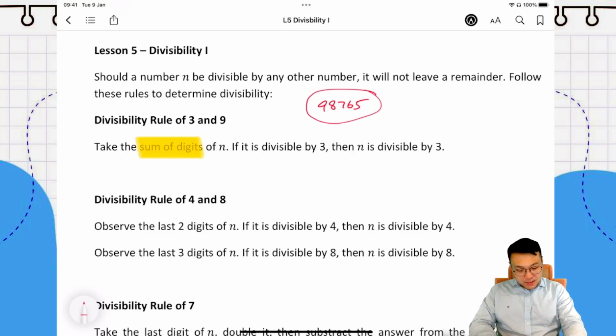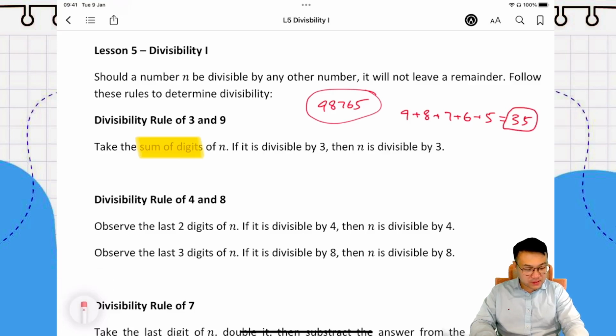When you add all the digits together, you get 35. And the answer is no, because 35 is not divisible by 3. Neither is it divisible by 9. So it cannot be divided by 3, and it cannot be divided by 9.